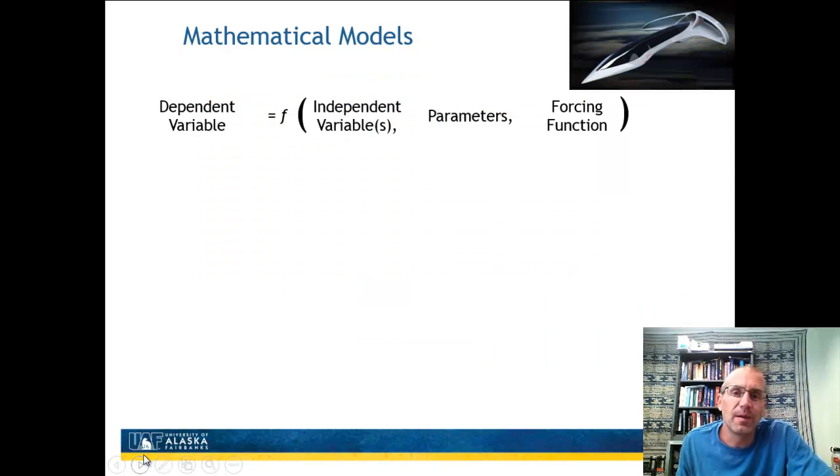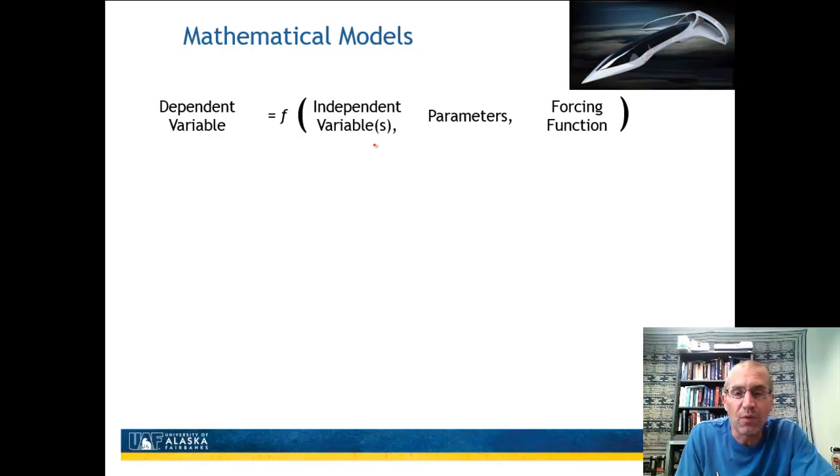So let's talk a little bit about mathematical models at a very high level. A mathematical model is usually in the form of an equation, and that equation has a more general form where you've got some sort of dependent variable. This is the thing that we want to know. It might be the lift force or the drag force, something like that. And then it's going to be a function of many things.